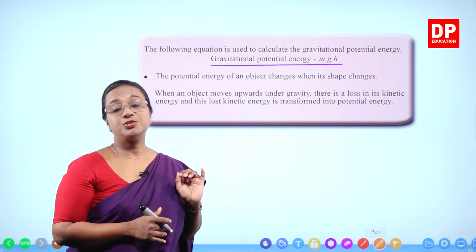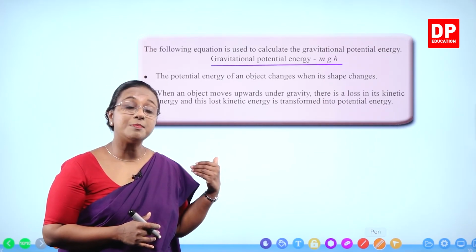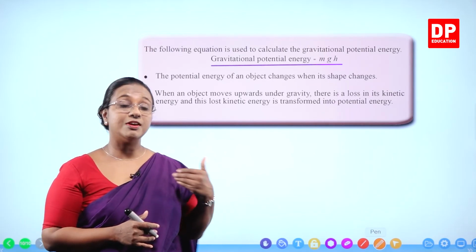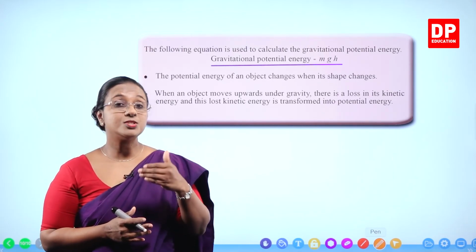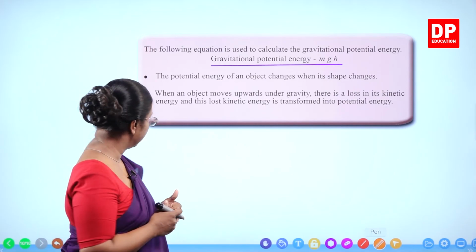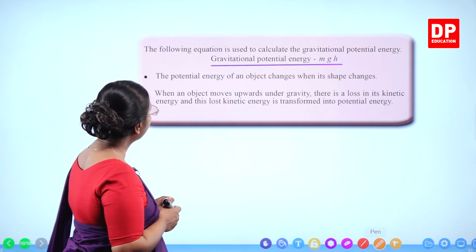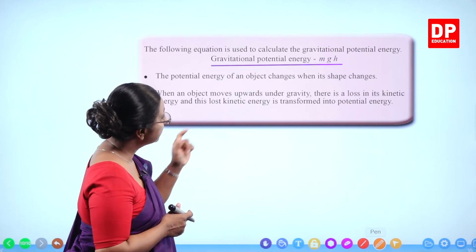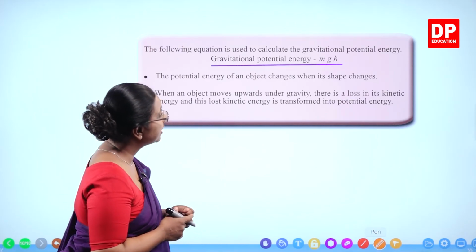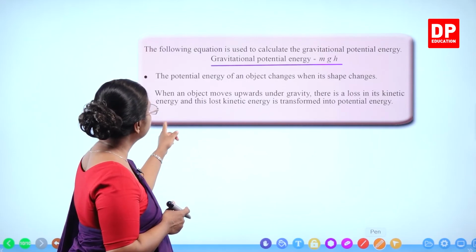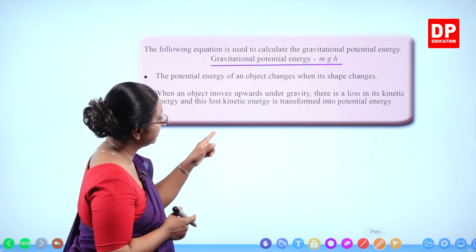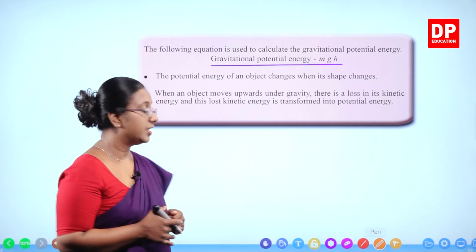In addition to that, we have discussed many examples where in day-to-day life potential energy is utilized. So there, when an object moves upwards under gravity, there is a loss in its kinetic energy, and this lost kinetic energy is transformed into potential energy.